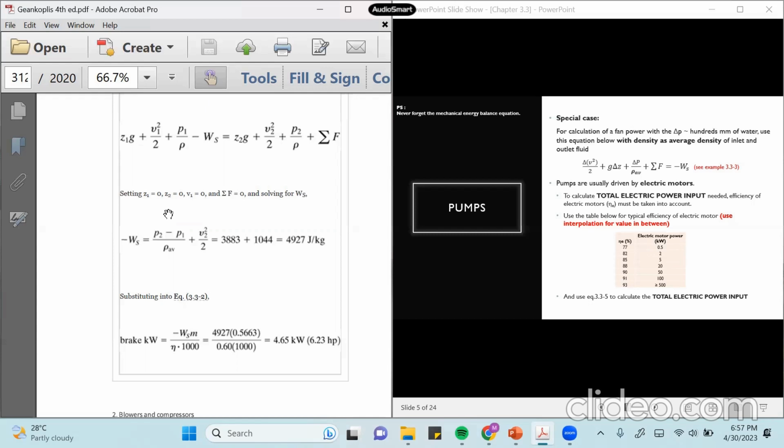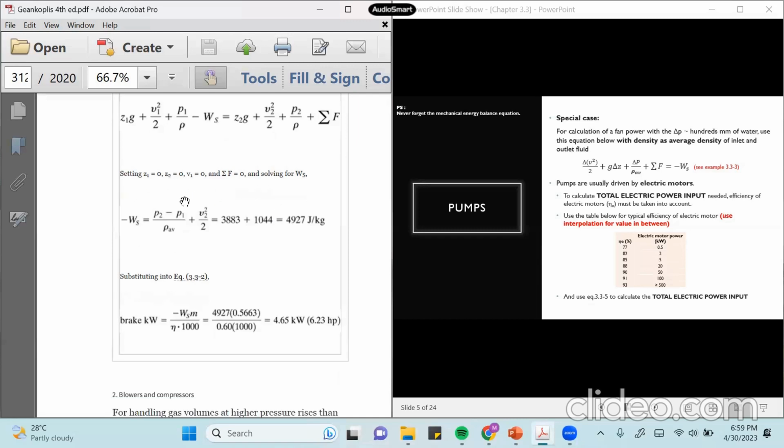It just passes through the fan in the same height. That's why Z1 and Z2 equal 0. And then we solve all of this, then we can get the minus Ws. We know minus Ws, then we can use equation 2 to get the brake power in kilowatts.